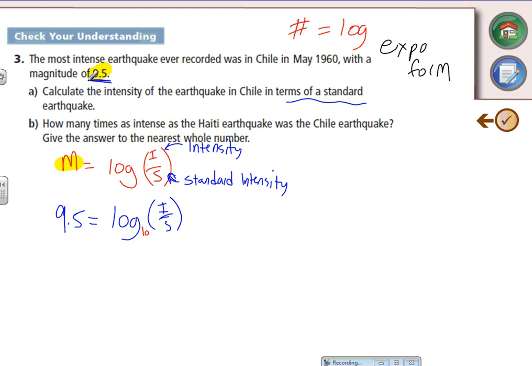That gives us 10 to the 9.5 equals I over S. Let's multiply the S up and over. So the intensity is 10 to the 9.5 times as intense as the standard. That's quite huge.